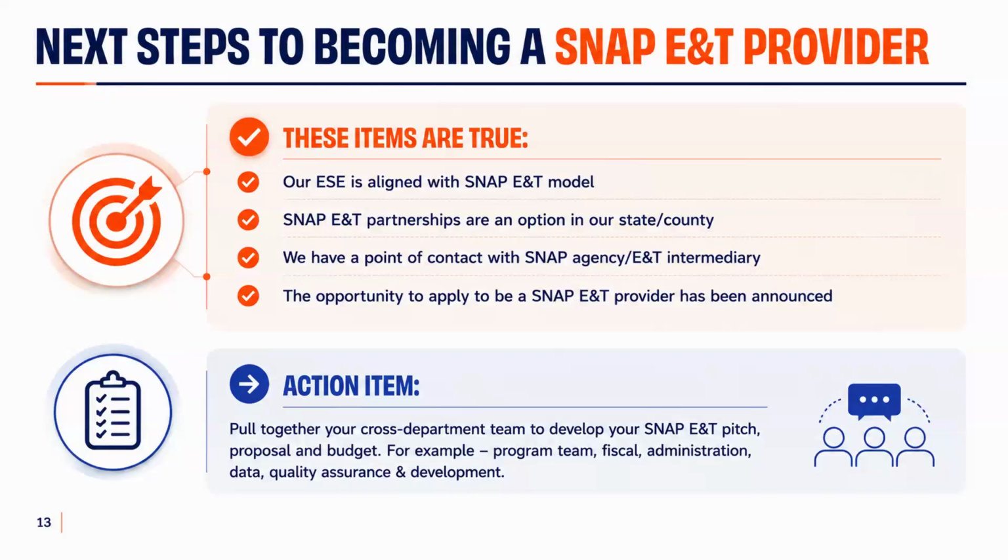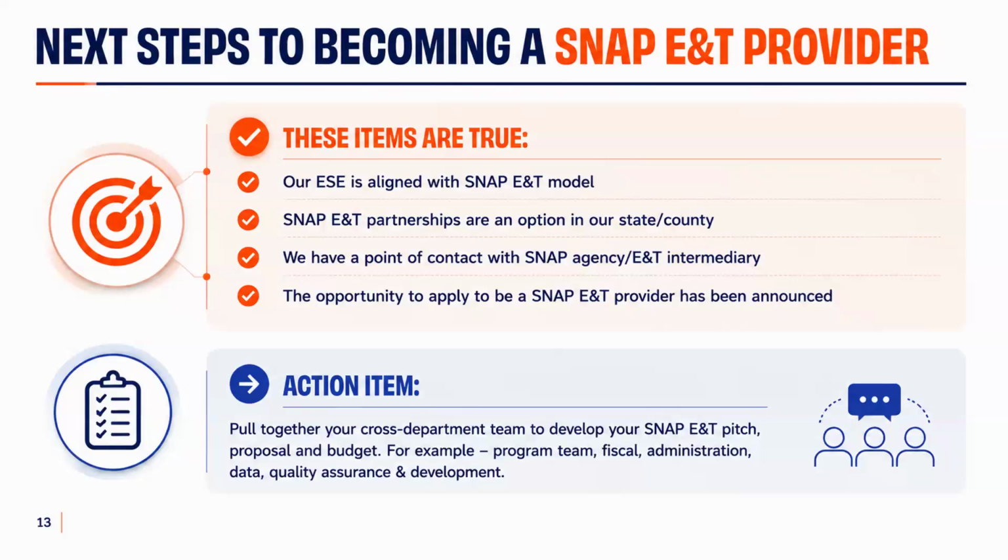You'll want somebody who can write the narrative about who you are, what your program is, how it aligns with SNAP E&T, and what components you're going to be offering. Make sure your program team, who will be responsible for delivering the content of your employment and training program, is on board and understands the requirements. What is your orientation and assessment process?